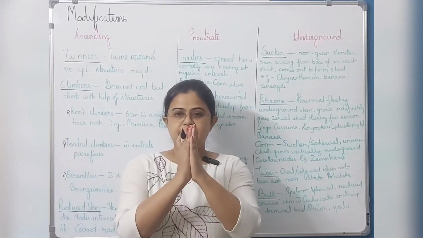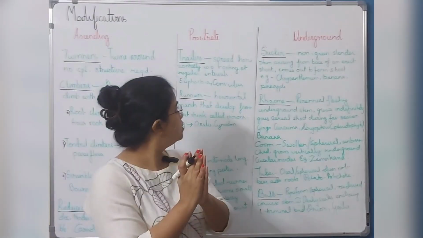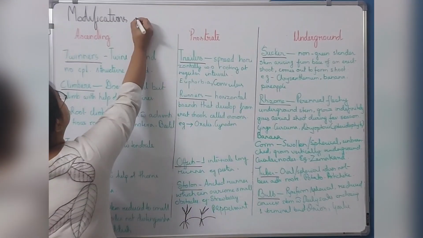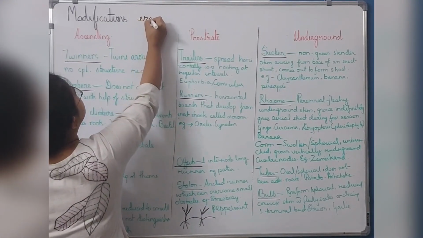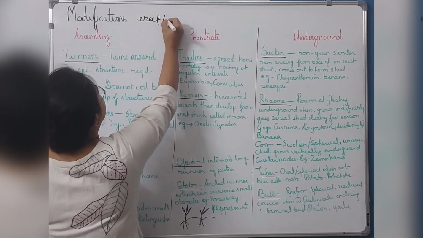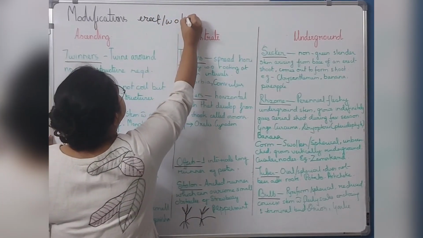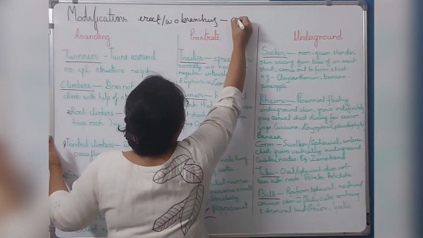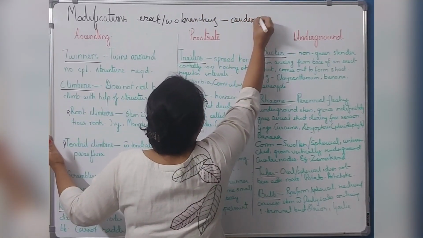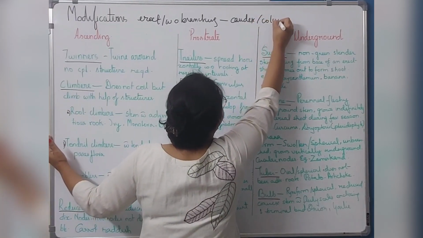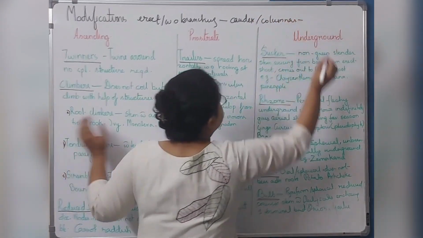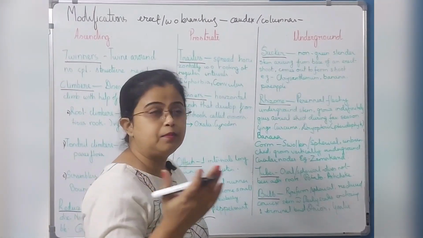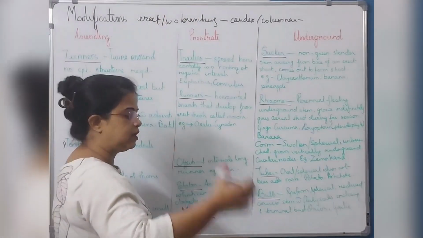Now if it is erect and not branching, it is called caudex or columnar. कहाँ देखने को मिलता है? In plants like sugarcane, maize, coconut, palm tree, where you have a straight column, right?